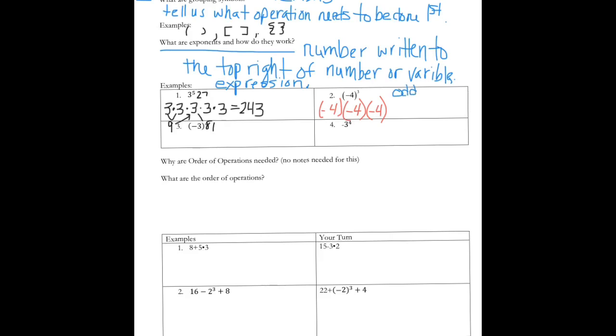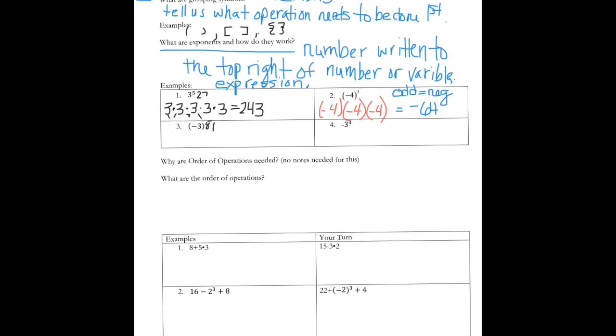So if I have an odd number of negatives, I know that my final answer is going to be negative. So I can ignore the signs in front and I can just multiply as normal. 4 times 4 is 16, times 4 more is 64. So I know that my final answer is going to be -64.